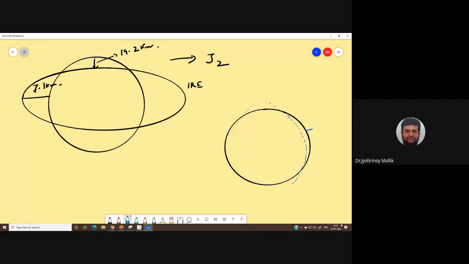Sorry, this is the IRE, the reference ellipsoid. It's a difficult thing to draw.